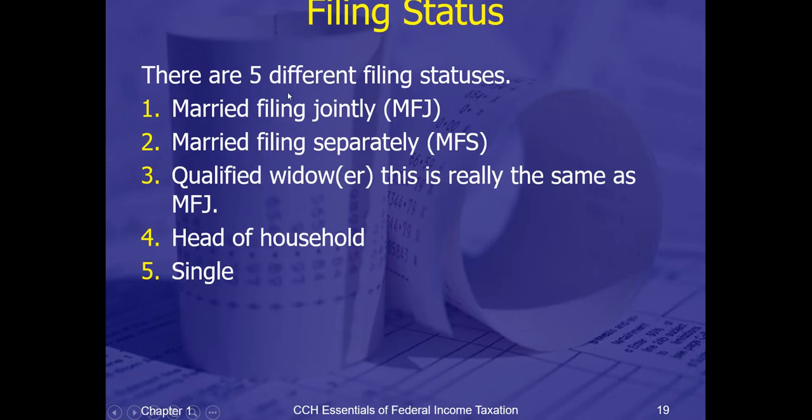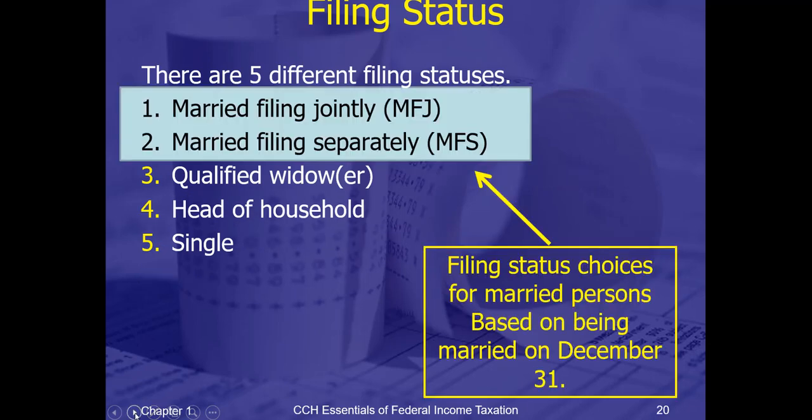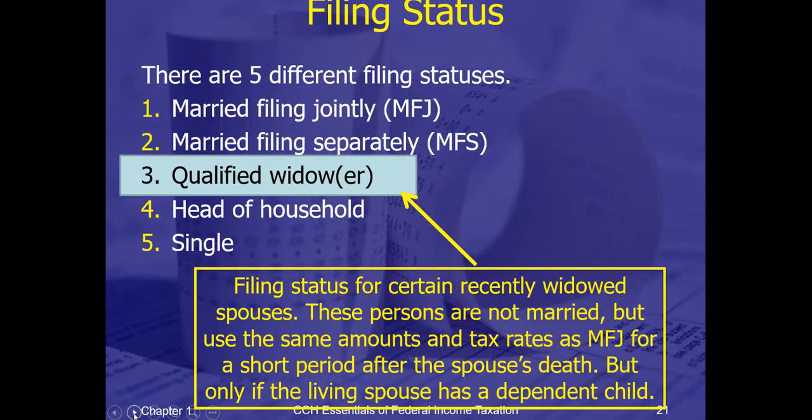So there are 5 filing statuses, and we'll come back to these to define them more. But basically, if you're married, you can choose one or two, either married filing jointly or married filing separately, and that is based on December 31st, what your status is. If your spouse passed away, you could be a qualified widower.